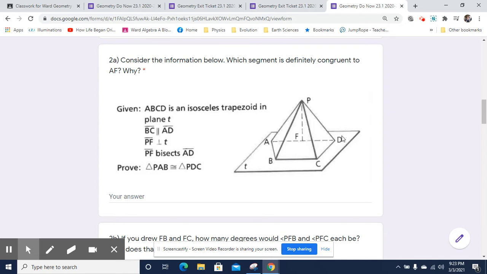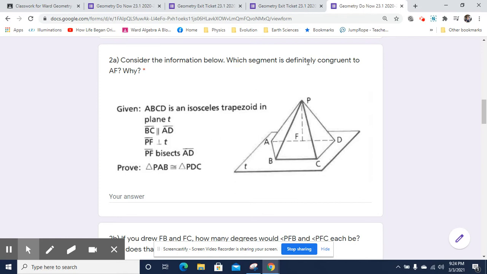That tells us AB and DC are the legs of that trapezoid, because then BC and AD are the bases of the trapezoid. We know that PF is perpendicular to plane T, which means it'll be perpendicular to any line that is on the plane that goes through the foot of PF, which is F. And we know that PF bisects AD.